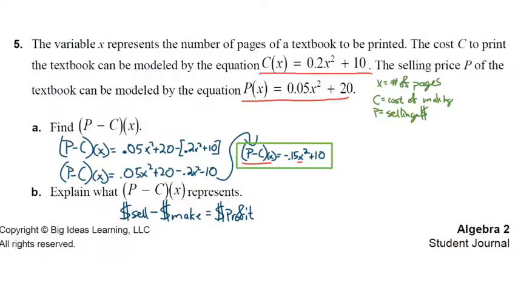So basically with the formula we found, it gives us the profit depending on the number of pages in the book. Right? That is the potential profit depending on the number of pages in the book.